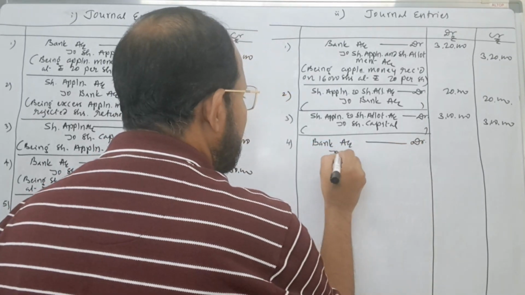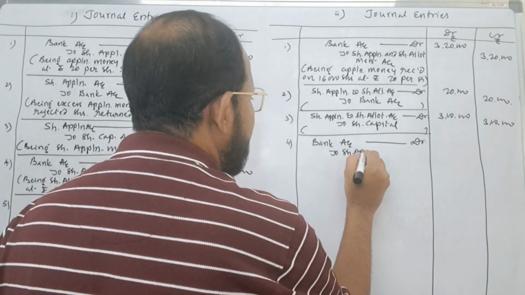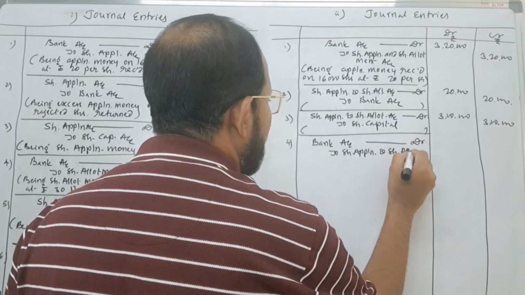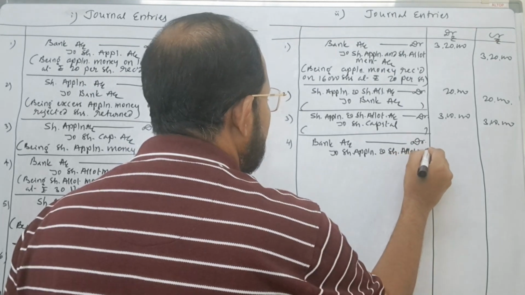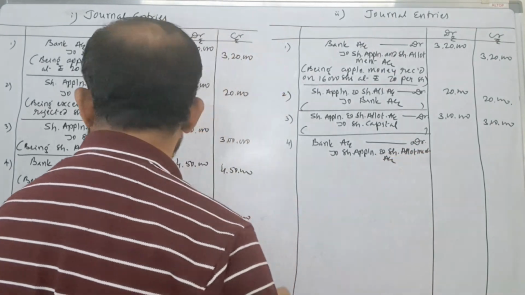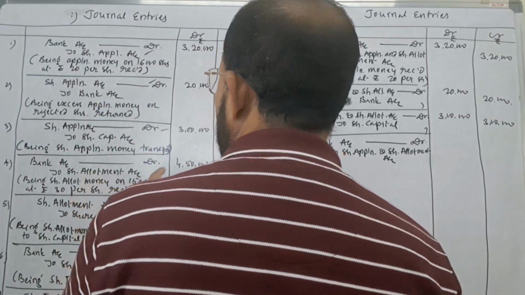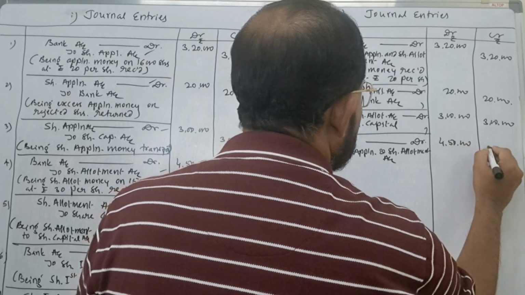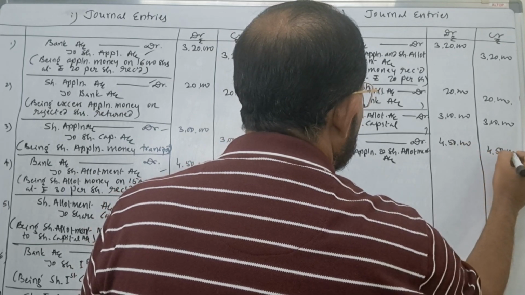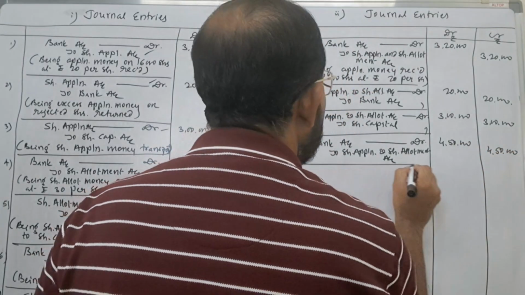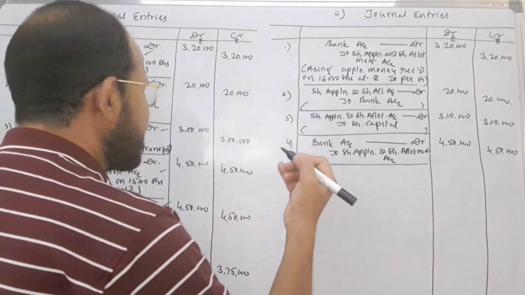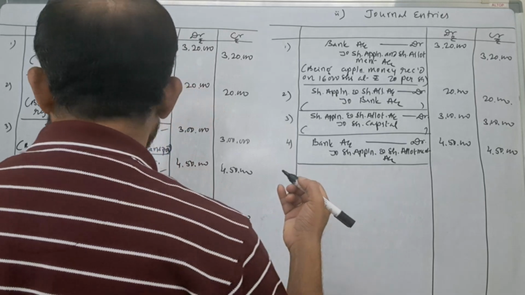Next one is to share application and share allotment account. What is the amount here? Rupees 4,50,000 and rupees 4,50,000. You write being the allotment money received on 15,000 shares at rupees 30 per share.